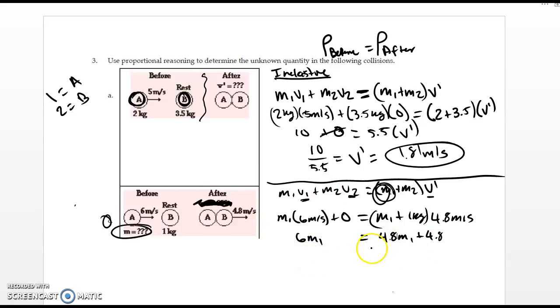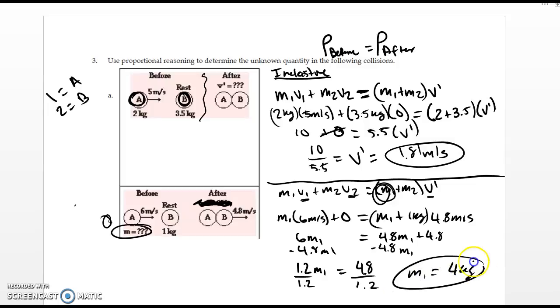Subtract 4.8 M1 from both sides, and that gives me 1.2 M1. 1.2 M1 is equal to 4.8. So divide by 1.2, and M1 is equal to 4 kilograms.